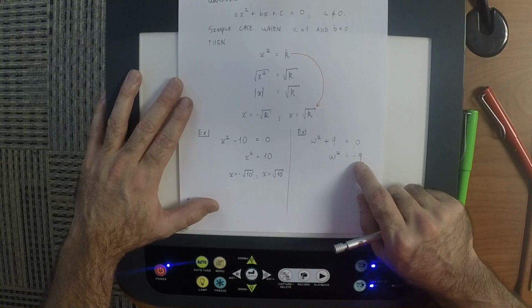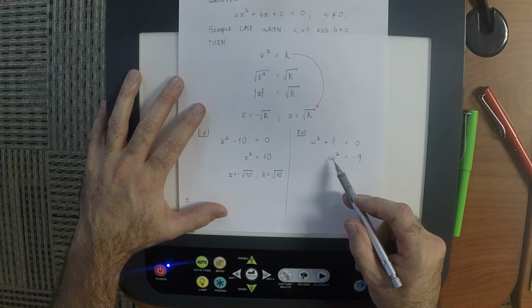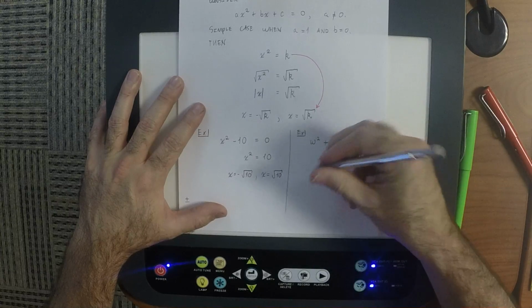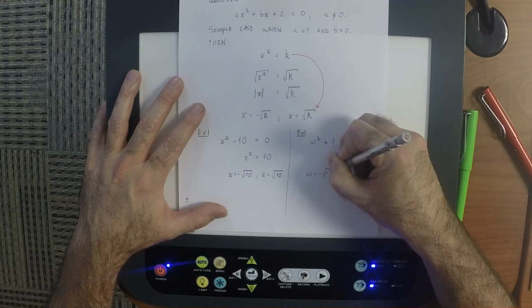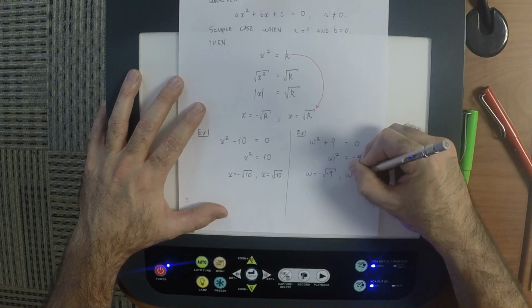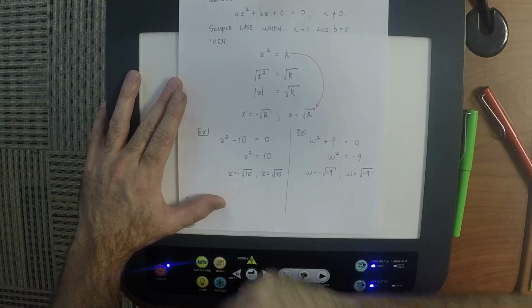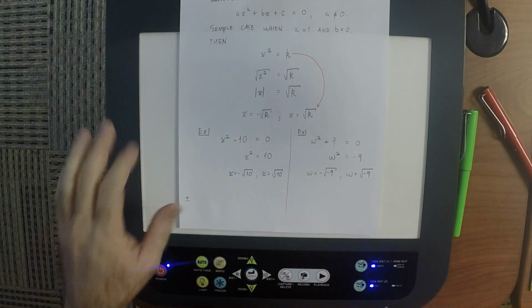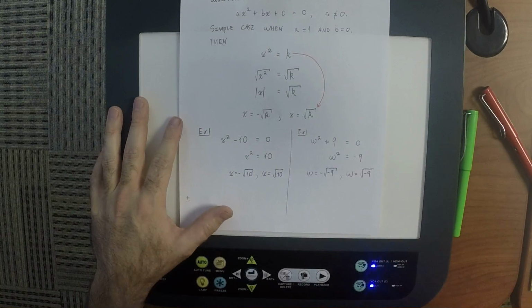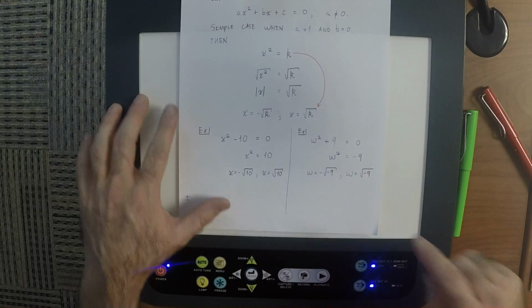Because now that we have this in the form W squared is k, then the two possibilities are W is negative square root of that thing, or W is square root of that thing. Previously, before the last section about complex numbers, the correct response would be to say there is no real solution, but there is a complex solution. So we can now turn these into complex numbers.